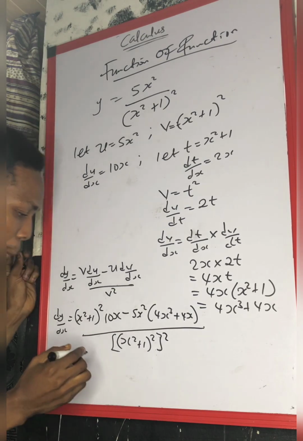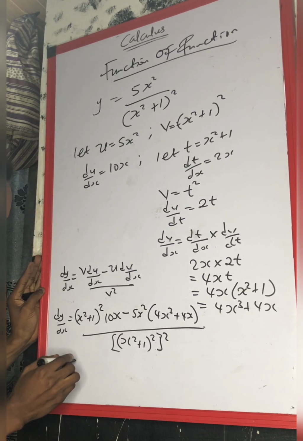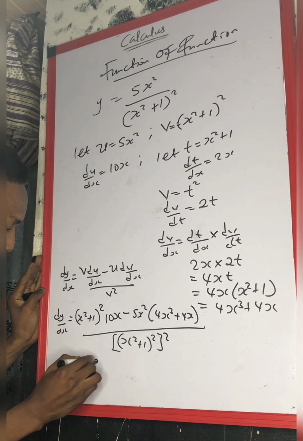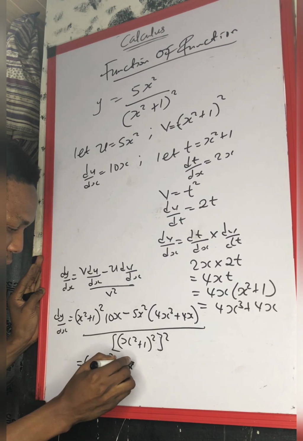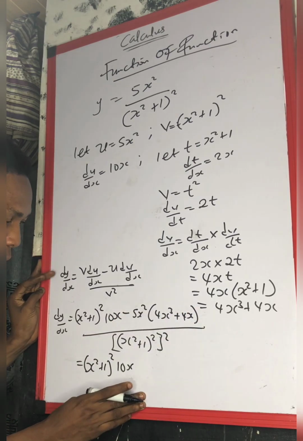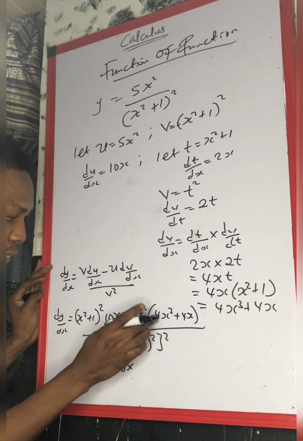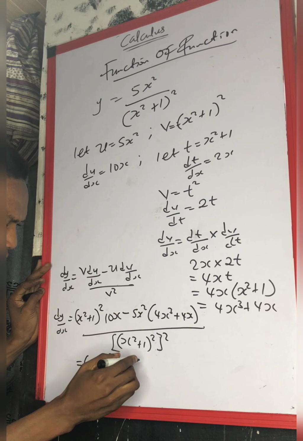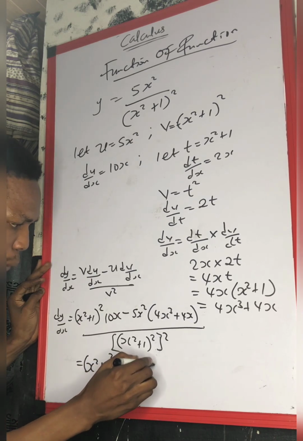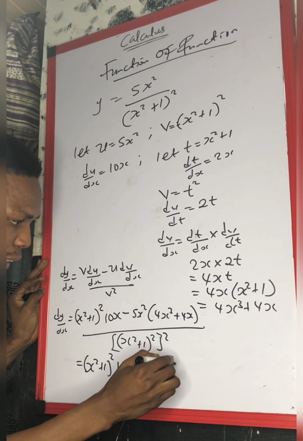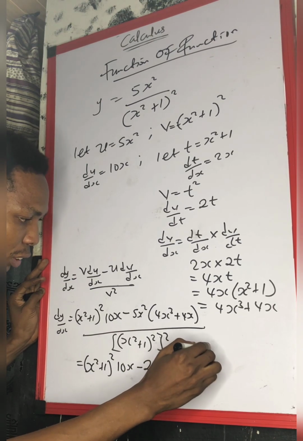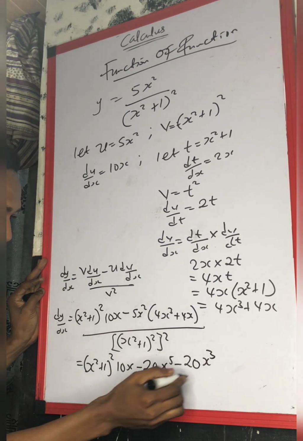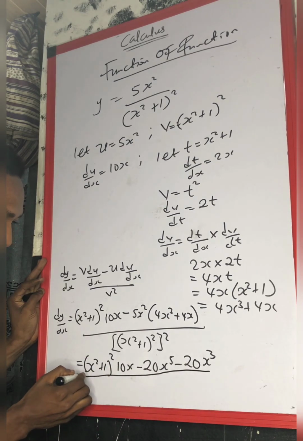So from there, we're going to have (s squared plus 1) squared times 10s. I can use this to open up this. Okay, minus 5 times 4 is minus 20s, then minus 20s cubed, then all over the denominator.